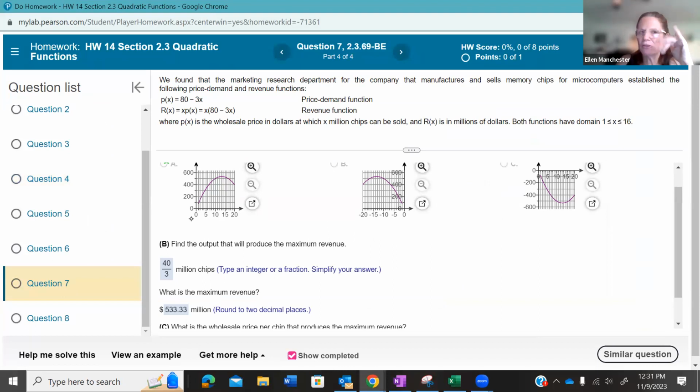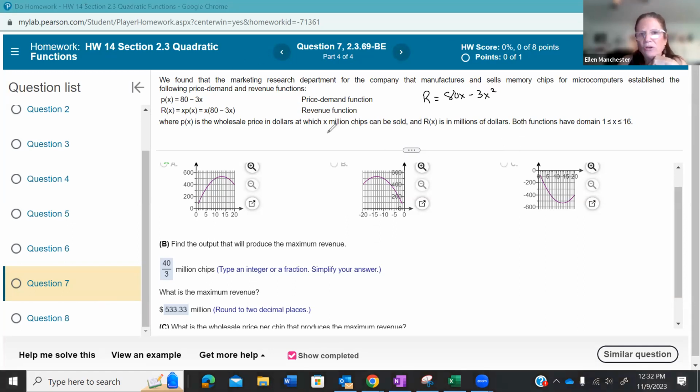Remember, we talked about all those different functions. They give you a price. They're asking you to find the revenue. So they want the number of products times the price. So here is your revenue function: 80x minus 3x squared. There's your revenue function.